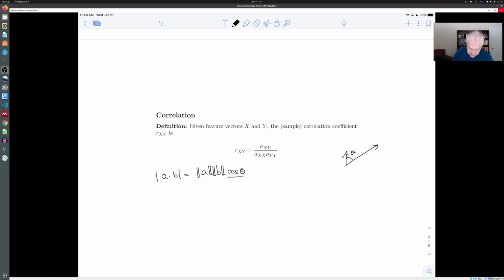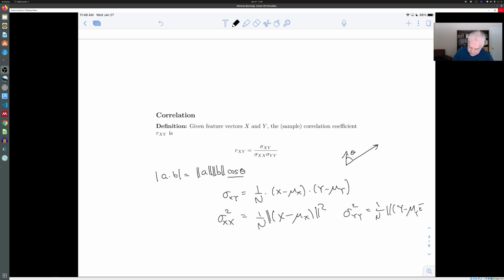Remember that sigma xy is 1 over n times the dot product of our feature vector x minus mu x e times our feature vector y minus mu y e. Sigma xx squared is 1 over n times the norm of x minus mu x e squared. Sigma yy squared is 1 over n times the norm of y minus mu y e squared.